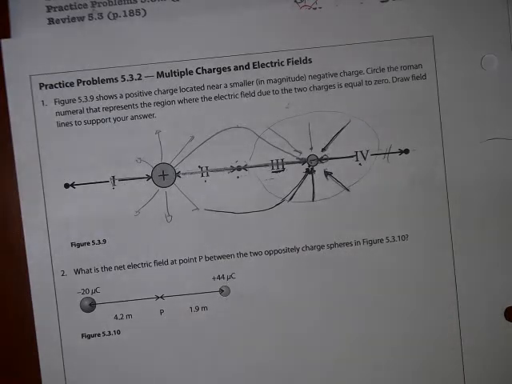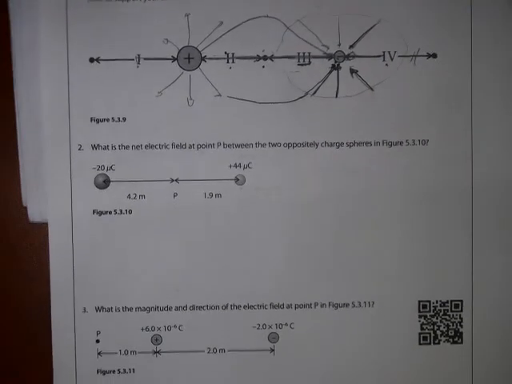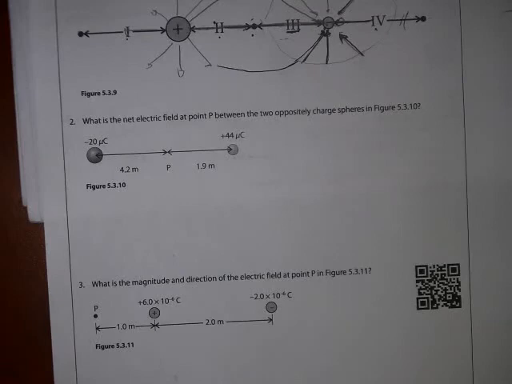I'm going to show you the solutions for 2 and 3 here, just to get you going in the right direction. So it says, what is the net field at point P between the two oppositely charged spheres in figure 5.3.10?